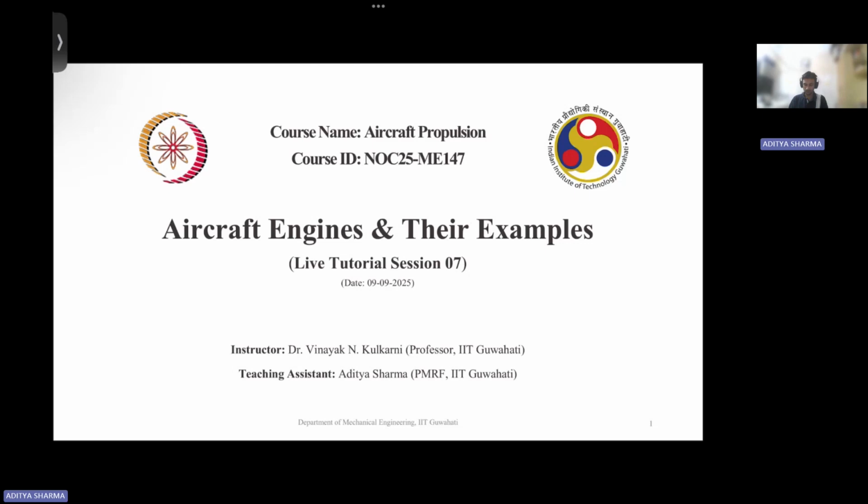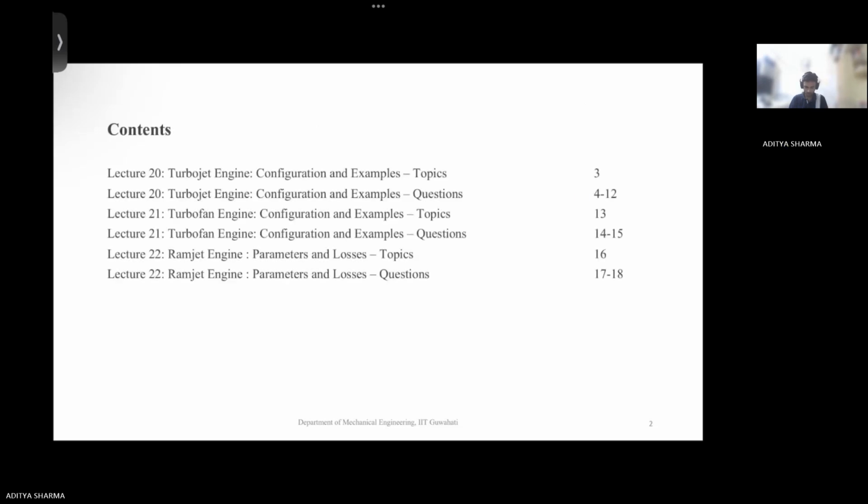So we can start with the session. The theme of today's topic discussion is aircraft engines and their examples. A total of three lectures are there in this week's content, lecture number 20 to lecture number 22.